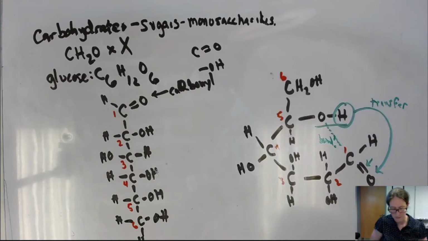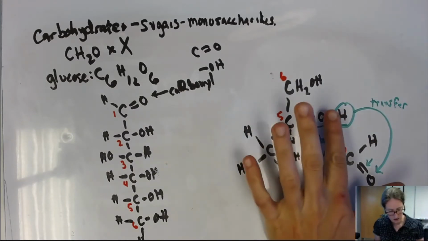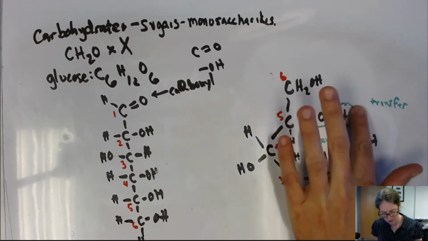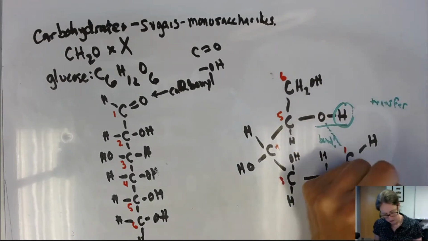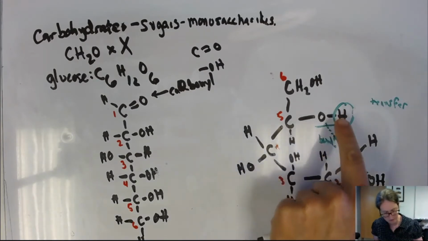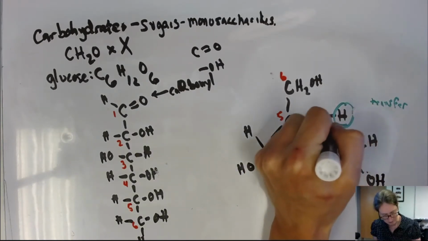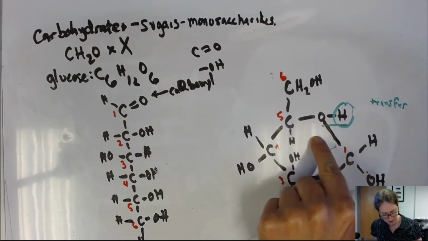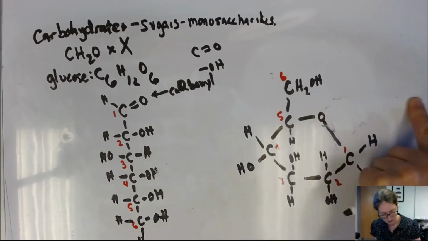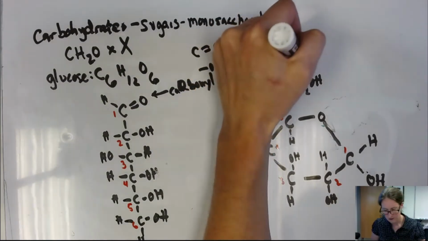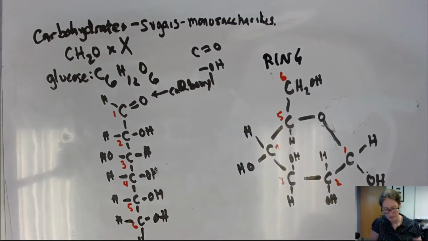So I'm going to draw that out here. So if I'm transferring this double bond, so that's now a hydroxyl, and I've transferred that hydrogen, and now there's going to be a bond here. Okay, and so now I've gone to the ring form.